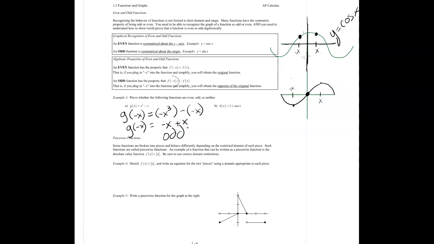Alright, on B, there is a little background knowledge. There's a reason I reminded you guys that, hey, cosine is even, so that's going to play into this next example. So I've got h of negative x is equal to 1 plus cosine of negative x.